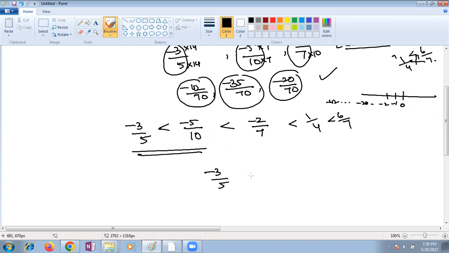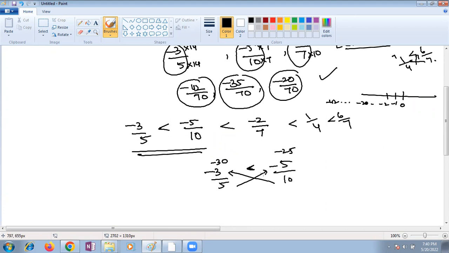Minus 3 by 5 and minus 5 by 10. If I do cross multiplication, what happens? It's minus 30, it's minus 25. So which is greater here? By comparing these two, this is the greater. Yes or no? For negative numbers, the smaller one gives the greater fraction.